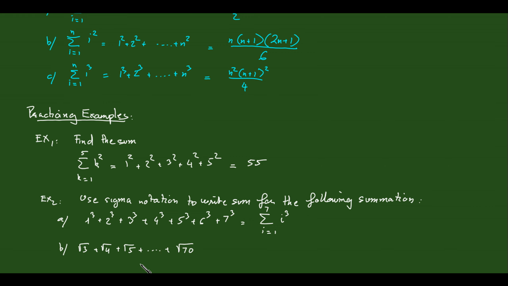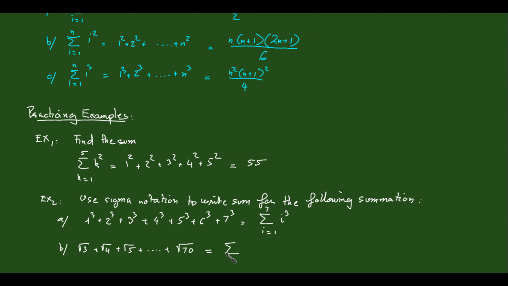From 1 to 70, we have 70 terms, but here from 3 to 70, we will have only 68 terms.